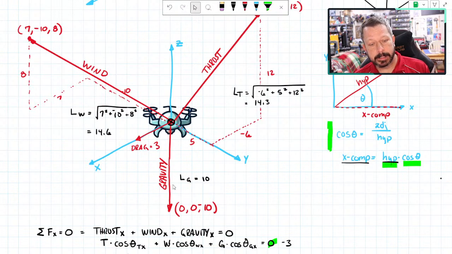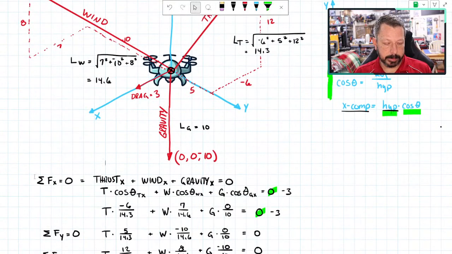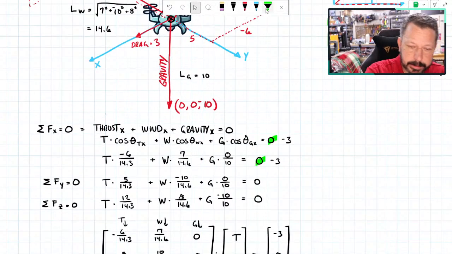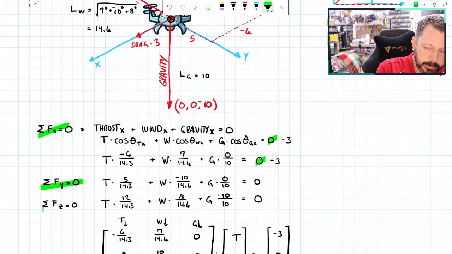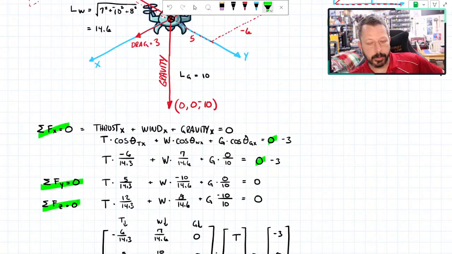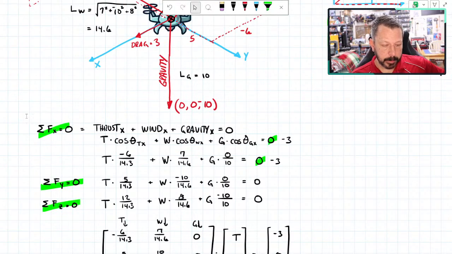All of these, in our case, are set up to where it's in static equilibrium, because we solved these 3 equations. We said that all 3 of those equations have to add to 0, or else the thing is not in static equilibrium.